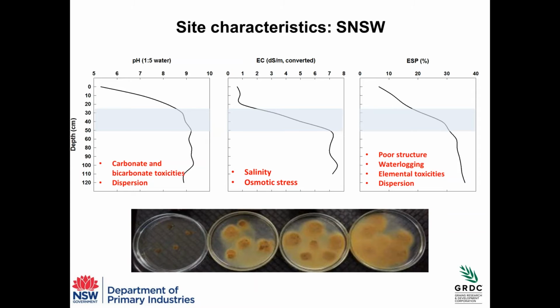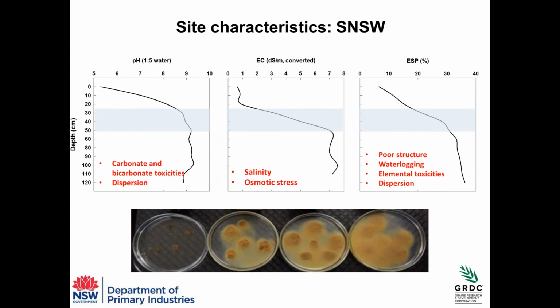One reason for the soils to become sodic is the high pH in the subsoil. If you have a lot of sodium carbonate, sodium bicarbonate, the sodium of that salt remains on the clay and makes the soil sodic. If you see the Petri dish tests at the bottom of that graph, you will see a gradient of dispersion from topsoil to subsoil.